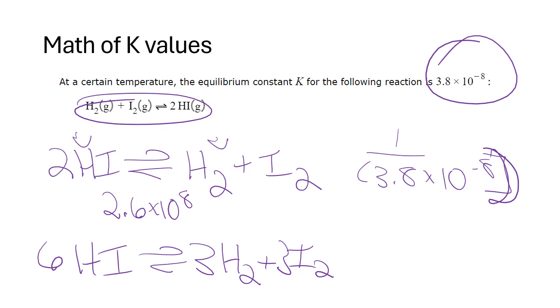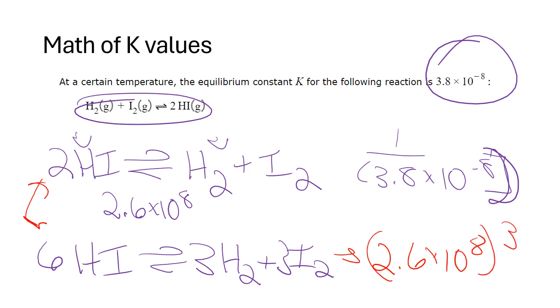So it's going to be this number of 2.6, because keep in mind we already reversed it here, times 10 to the 8th raised to the 3rd power, and I get 1.8 times 10 to the 25th. And so playing with K is the key here.